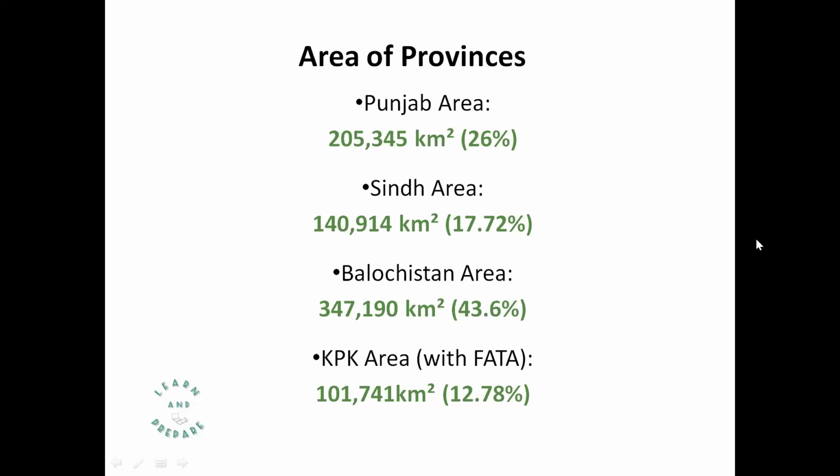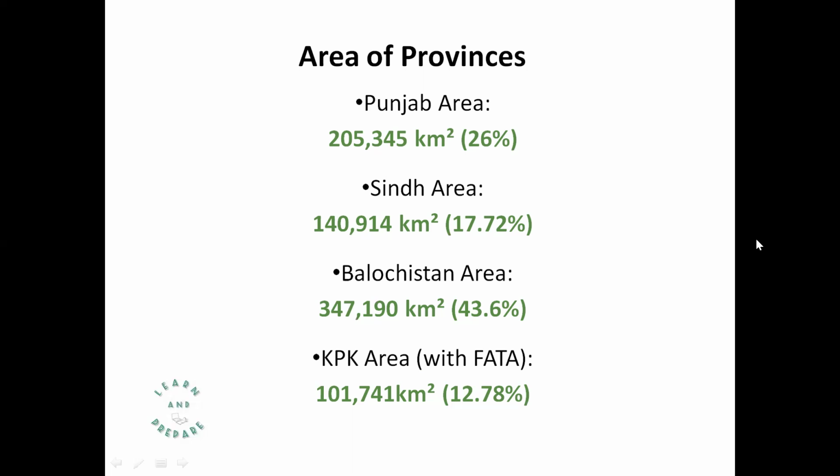The area of Balochistan is 347,190 square kilometers. It covers the majority of our total area, that is 43.6%. And the area of KPK with FATA is 101,741 square kilometers.